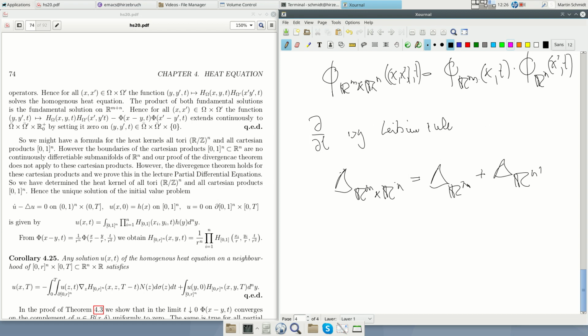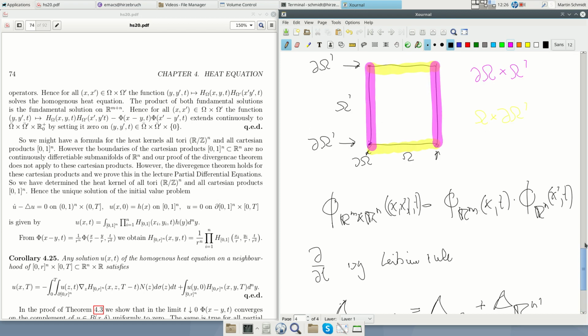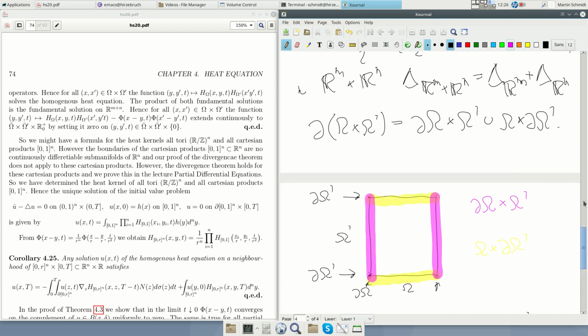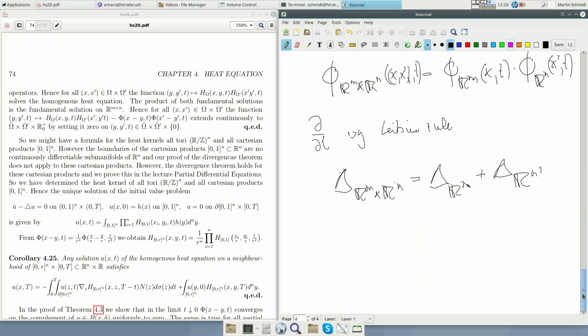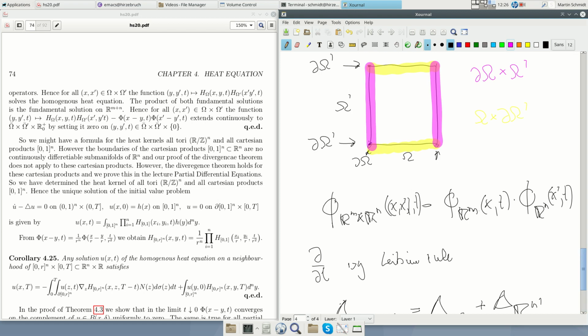This solves the heat equation, and by this formula we see that it also obeys the other condition. So these two properties, also the Leibniz rule, this formula now proves this claim.